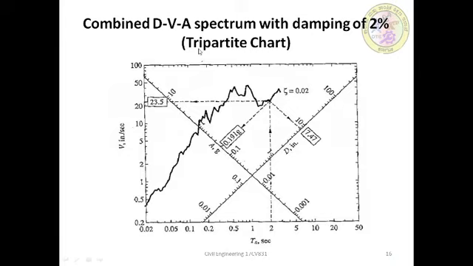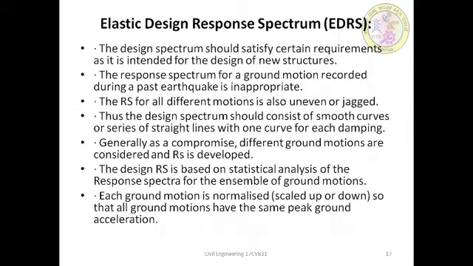So that's why there will be three parts. The first part is acceleration sensitivity, the second part is velocity sensitivity, and the third part is displacement sensitivity. So the sensitivity of the diagram can be seen here. That is all about the tripartite or ADV spectrum.